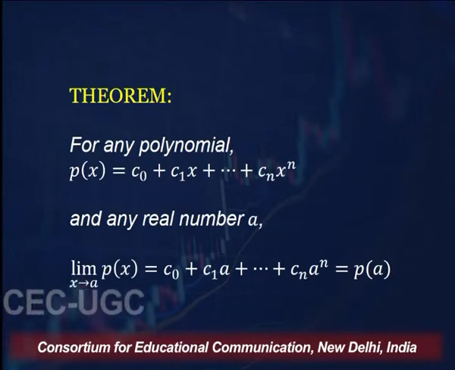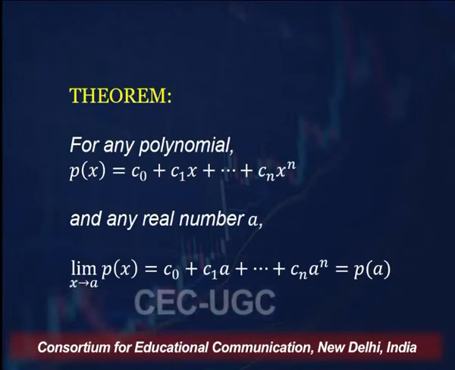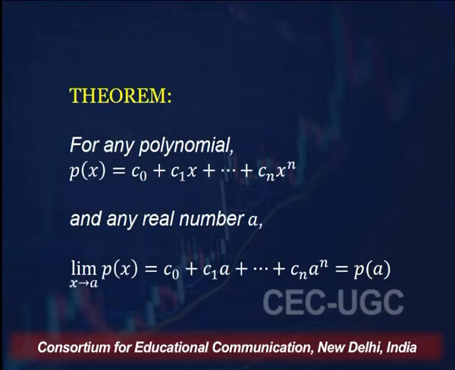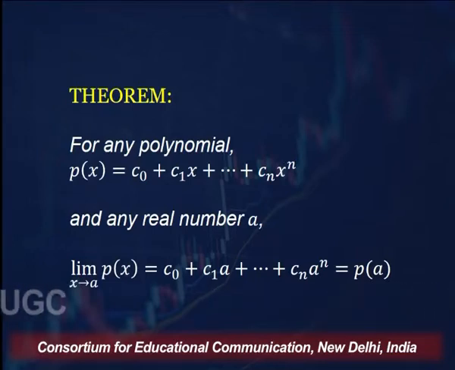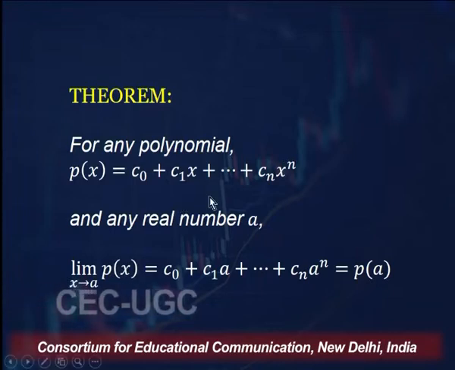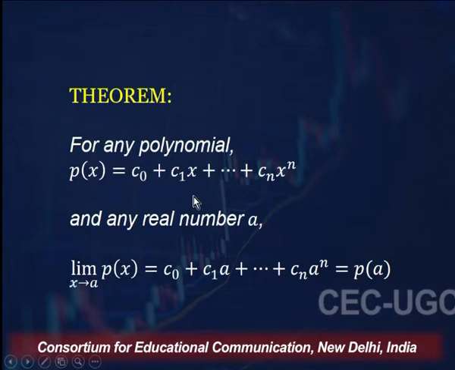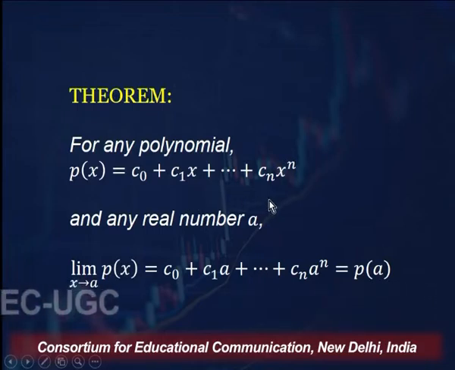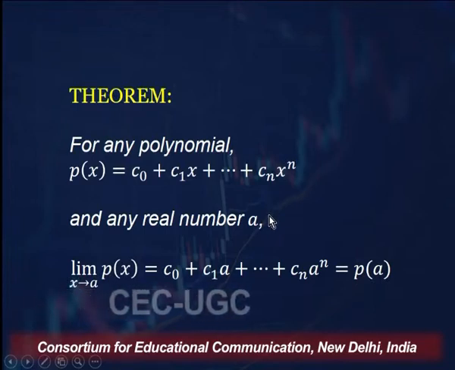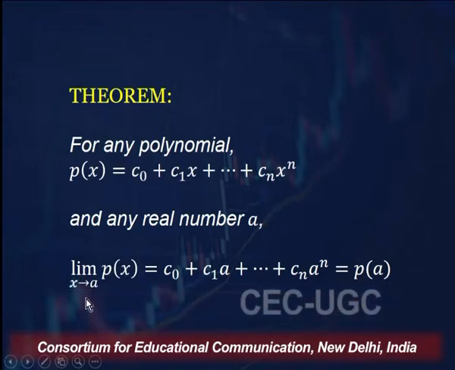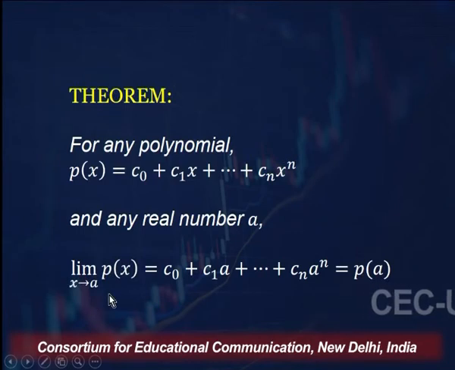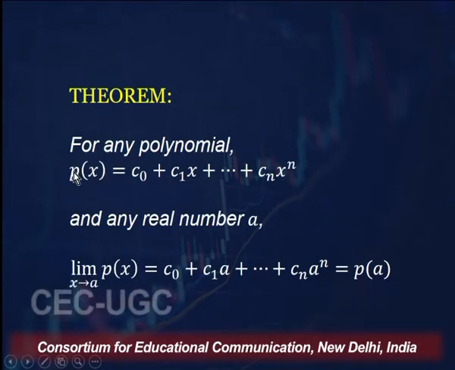Now, this is one of the theorems that we set up last time, and because this will be helpful for the problems that we do, I'll just talk about this as well. So this says that if we have any polynomial p of x, which is given by c0 plus c1 times x and so on till cn times x to the power n, and any real number a, the limit of the polynomial as x tends to a is nothing but p of a.